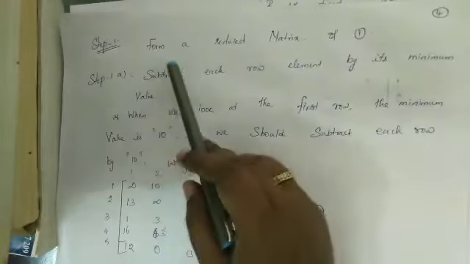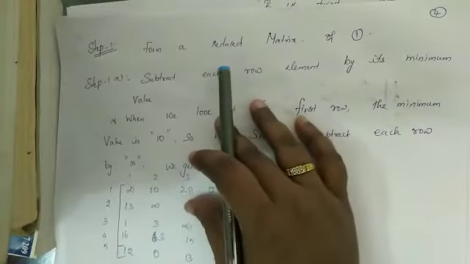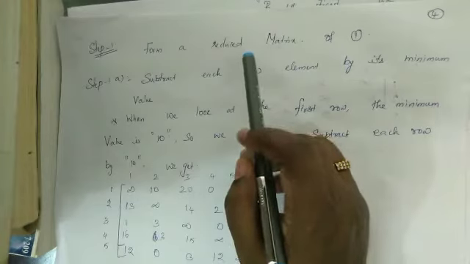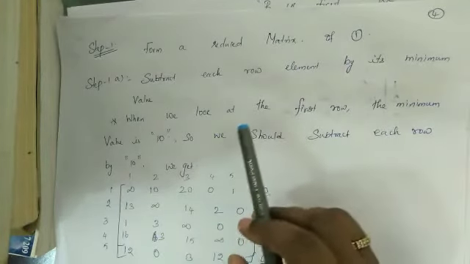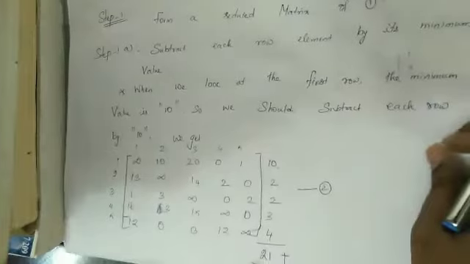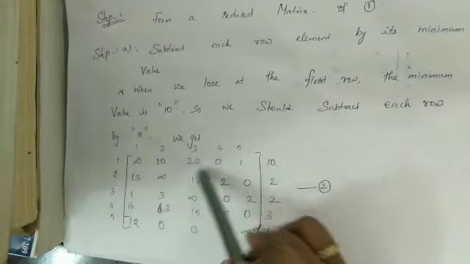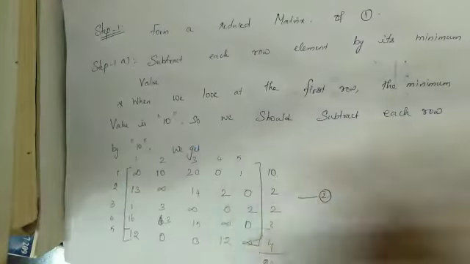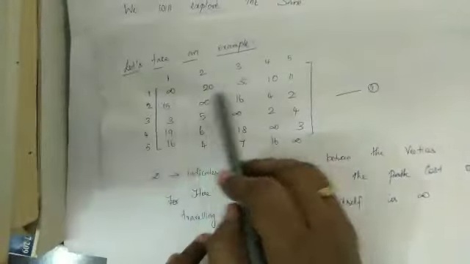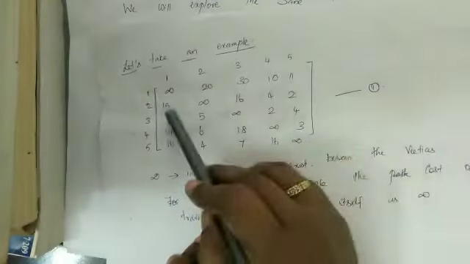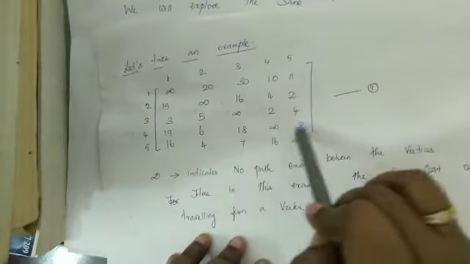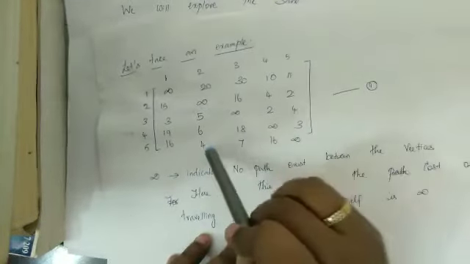Step 1 is that we need to find the cost of the starting vertex, that is 1. To do this, we need to find the reduced matrix of the given adjacency matrix. We find the reduced matrix by identifying the minimum element of each row. In the adjacency matrix given to us, the minimum element in this row is 10, this row is 2, this row is 2 again, in this row it is 3, and in this row it is 4.